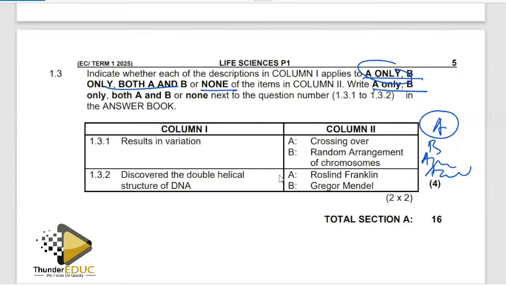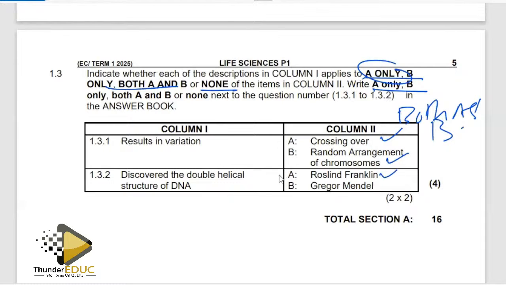The results of variation: crossing over, correct. Random arrangement of chromosomes during metaphase, both are correct. So the answer here is both A and B. Then the discovery of the double helical structure of DNA.